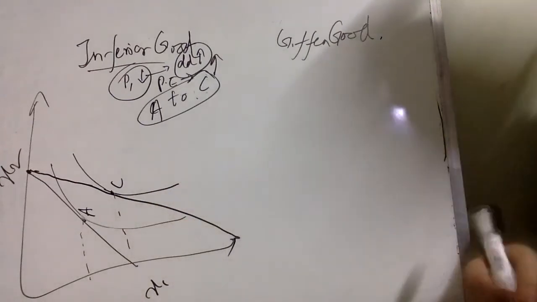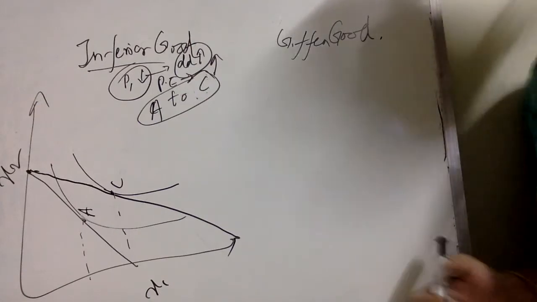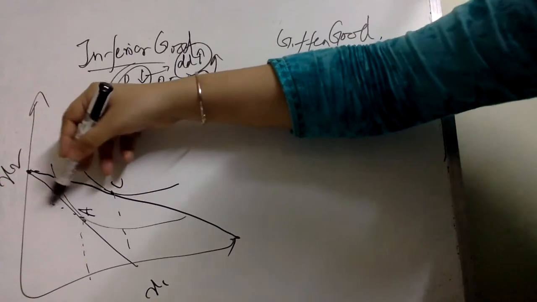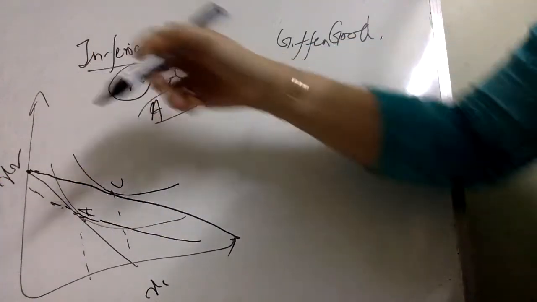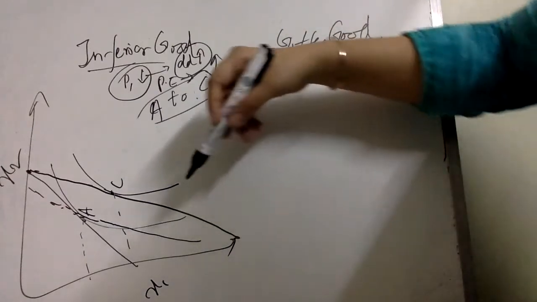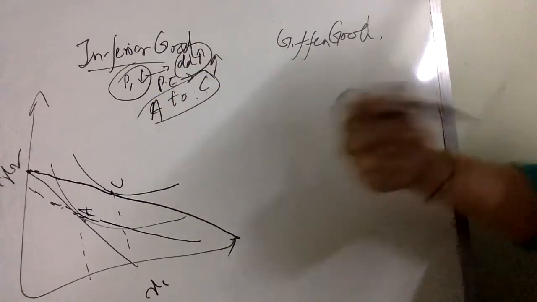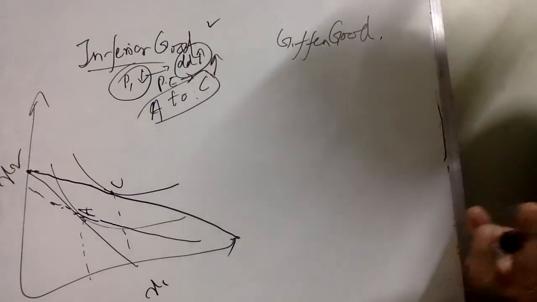But now what's the difference between inferior and the normal good? We'll just understand. So if I decompose the price effect and I take away the income of the consumer such that he's able to afford his original bundle, okay, suppose he's here. Now in this analysis, the substitution effect is so high because it's an inferior good. Okay, what is the understanding behind the inferior good?